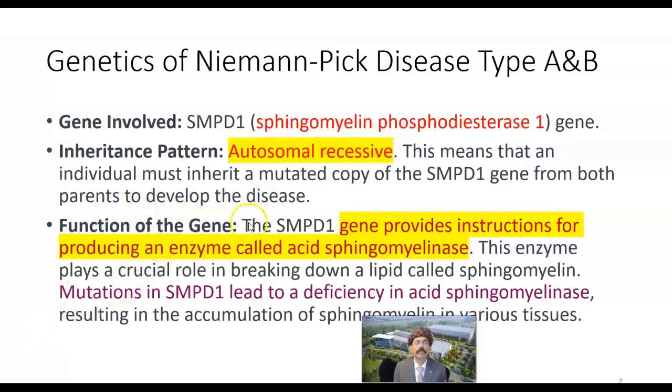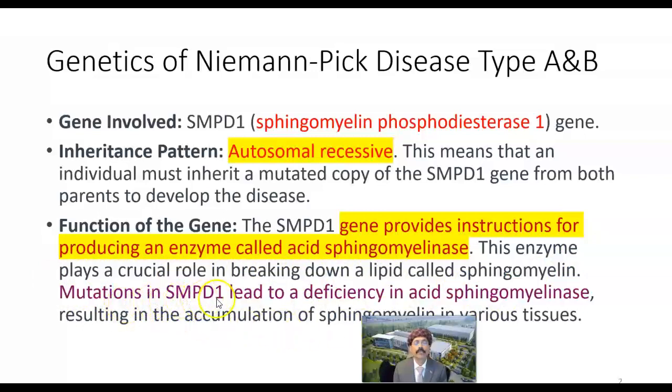Function of the gene. What is the function of the gene? The SMPD1 gene provides instruction for producing an enzyme called acid sphingomyelinase. This enzyme plays a crucial role in breaking down a lipid called sphingomyelin.